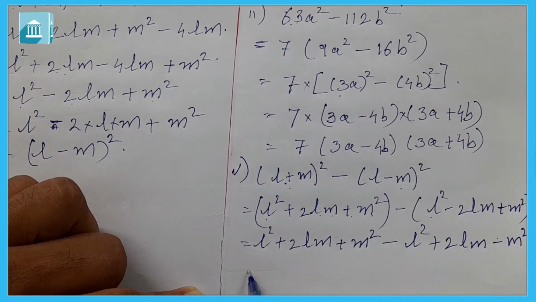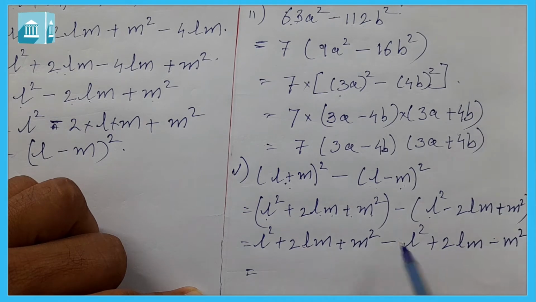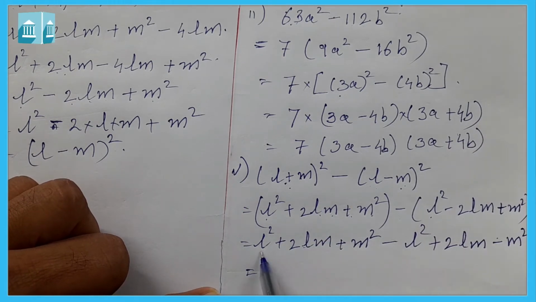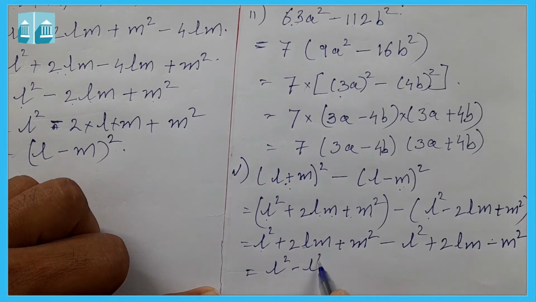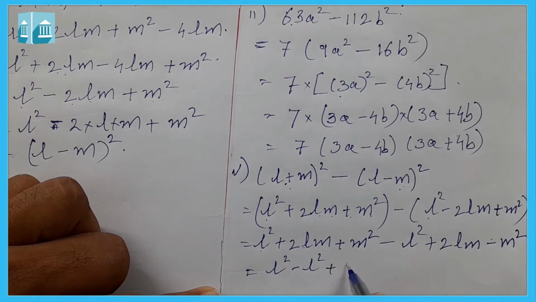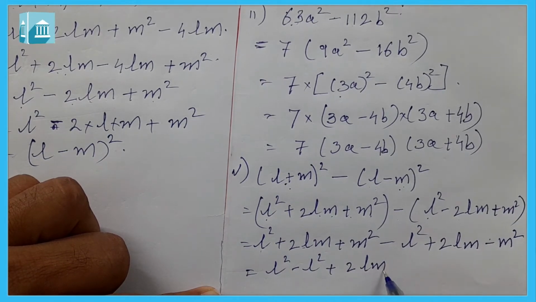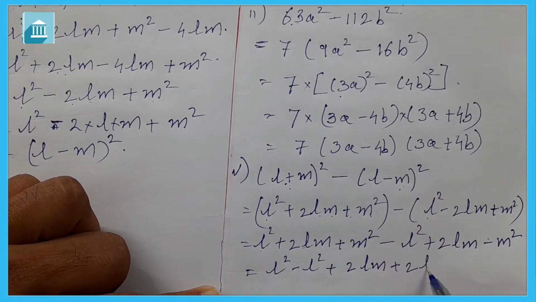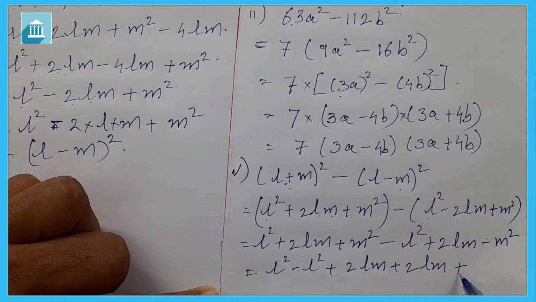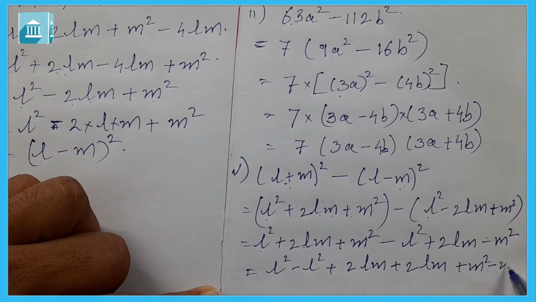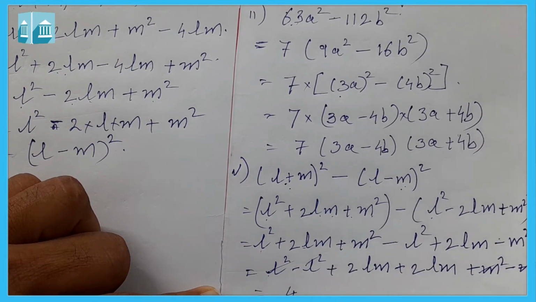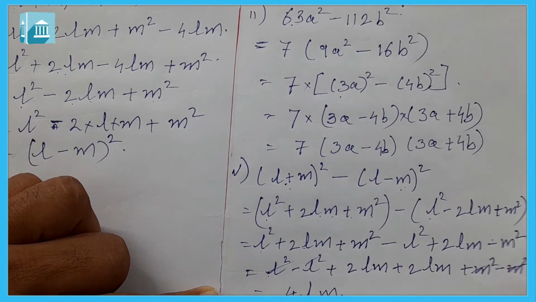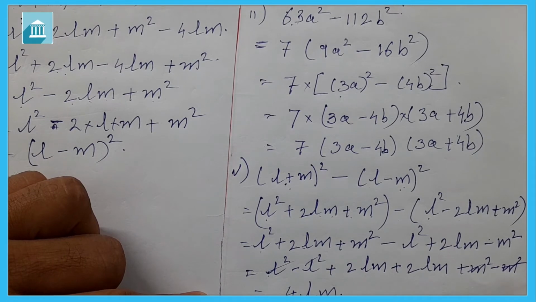So this can be written as l square minus l square plus 2lm plus 2lm plus m square minus m square. l square minus l square cancels, m square minus m square cancels, so it will be 4lm. So the answer will be 4lm.